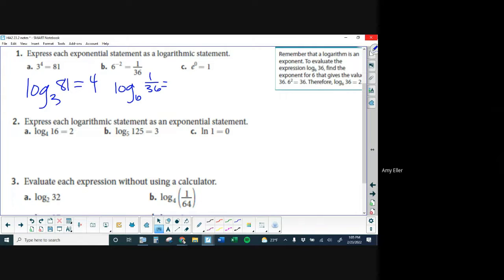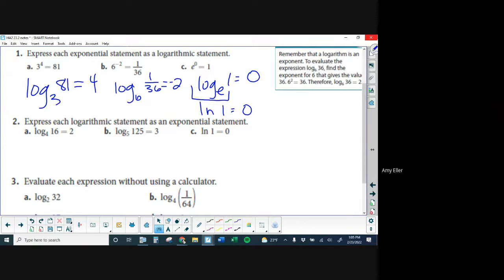And the answer to the log is the exponent. Next one. So this is going to be log base e of 1. And the answer is the exponent. We should rewrite log base e as ln. I don't know if I would take off for it, but again, not something you'd see on an answer key or in your book. You wouldn't see log base e very often.